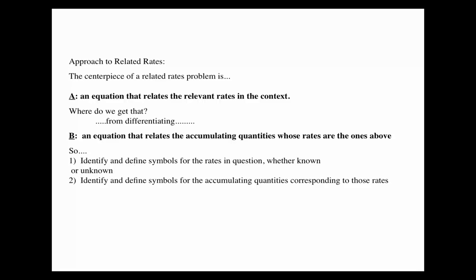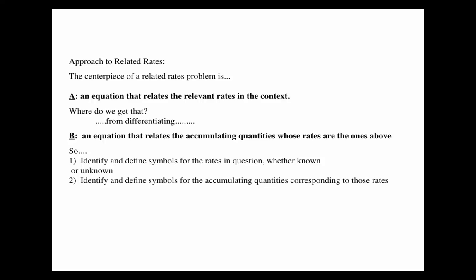And then from those rates, we want to identify and define symbols for the accumulating quantities corresponding to those rates. If how fast the volume is changing is one of the rates in step 1, then we have a quantity of volume, so we want to identify that.